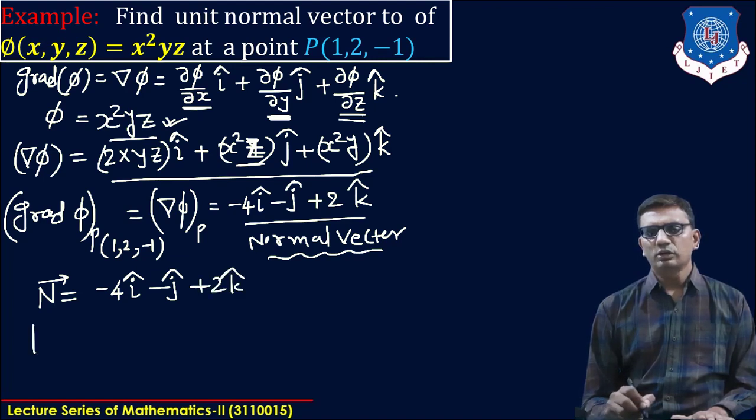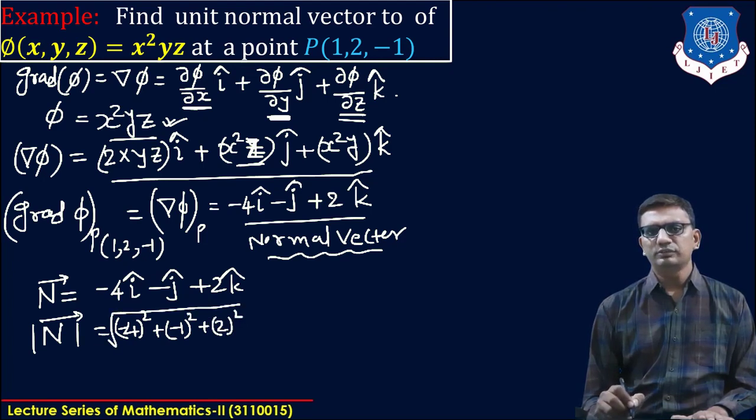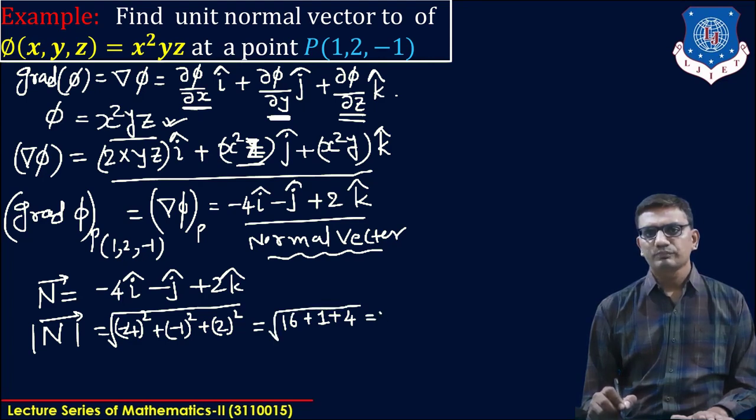This is our normal vector, and now to find the unit normal vector we will find the length of this vector. So it is the square root of (-4) square plus (-1) square plus 2 square. After calculating we get 16 plus 1 plus 4, which is under root 21.